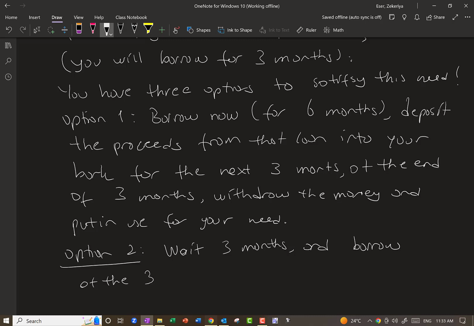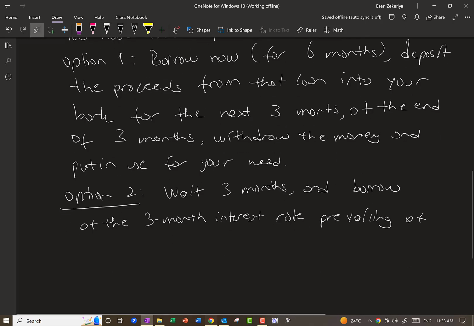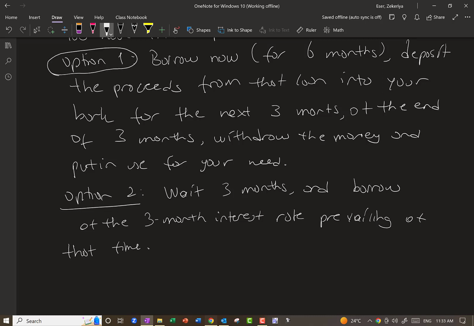With option one, I know exactly what I'm going to pay, because I know the 6-month rate now. I'm going to borrow at the 6-month rate, deposit the money at the 3-month rate, so I can calculate what it costs me. In option two, I have no idea what the 3-month interest rates are going to be at that time.